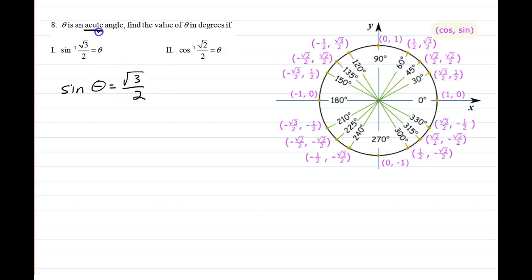And so here they want an acute angle, so we're only looking at quadrant 1. So where is rad 3 over 2 for sine? So sine is the y. So rad 3 over 2 is for 60 degrees. So that means theta is 60 degrees.